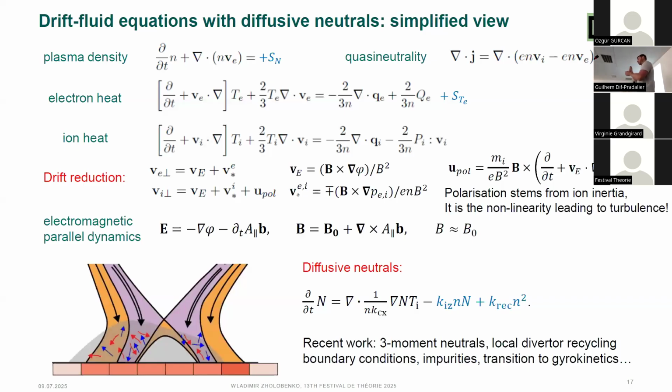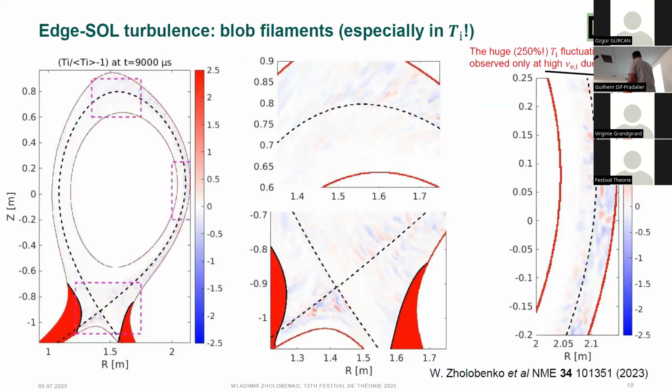So we assume that the neutrals mostly scatter off the plasma due to charge exchange. And then there are the ionization and recombination rates. That's a one-moment neutrals equation. I'll show you a three-moment equation set in a minute. And with this, we can run simulations like that, if we can.